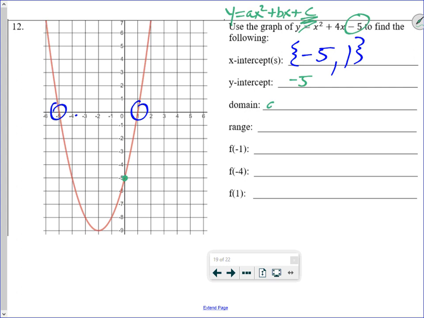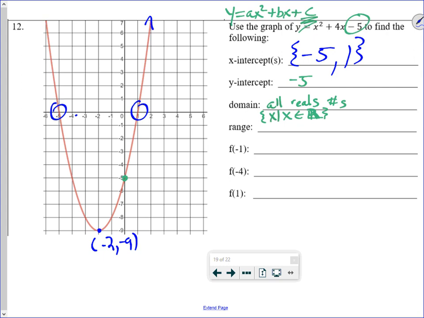The domain is all real numbers, which can be written fancily as x, all values of x, such that x is a member of the set of all real numbers. But the range is going to be determined by the vertex. And we can see right here the vertex is at -2, -9.